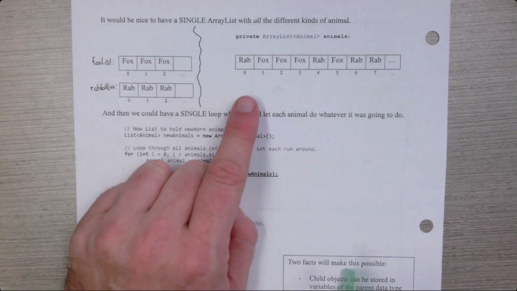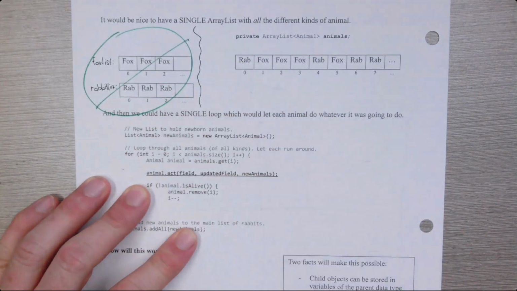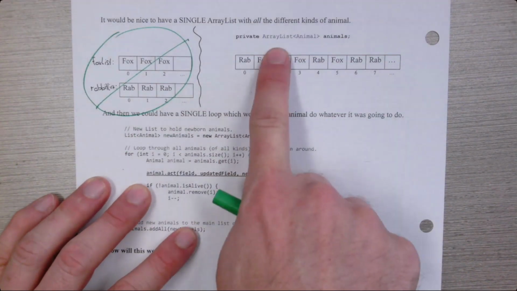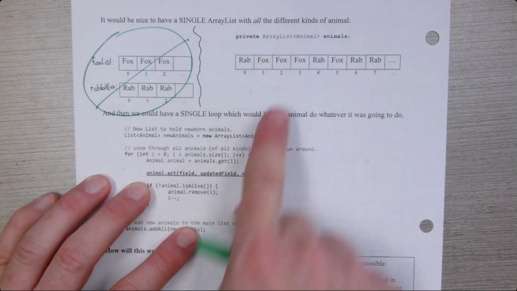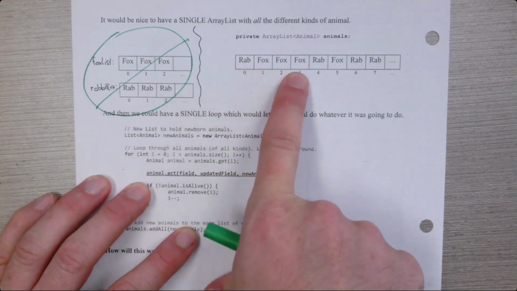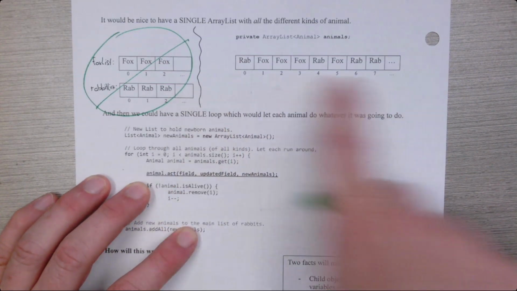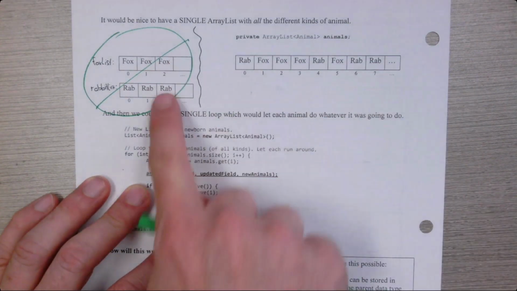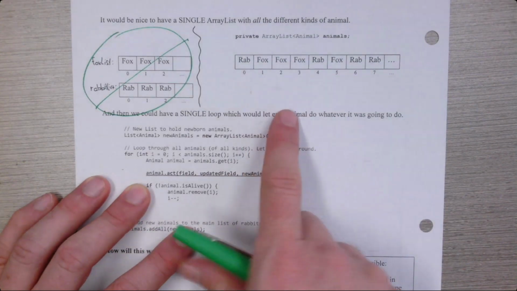What would be really great is if instead of this, let's cross that out, instead of this, we had just a single array list whose data type was animal. And inside the animal list, some of the locations hold fox objects, some of the locations hold rabbit objects. So we can just hold all the objects in one place, and we don't have to have a separate list for each kind of animal. So that's what we're going to try and do.